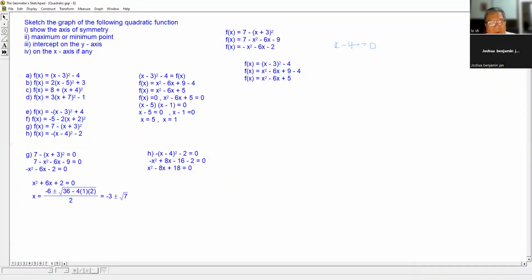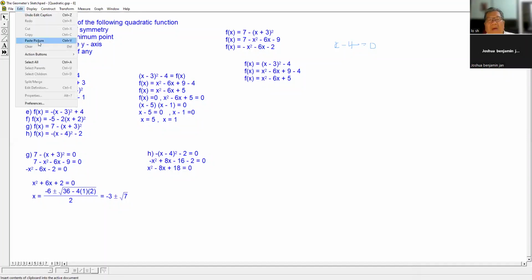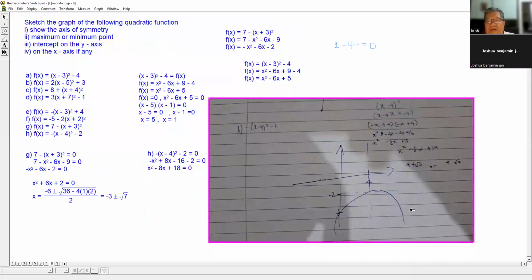So your graph is correct except this point.